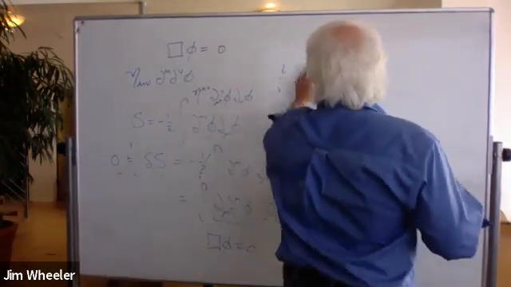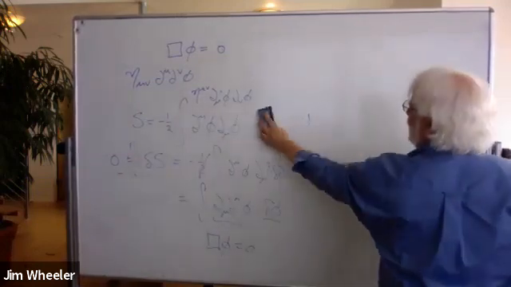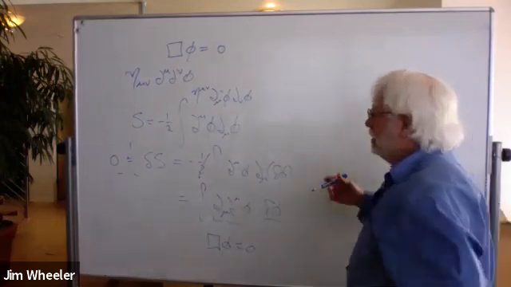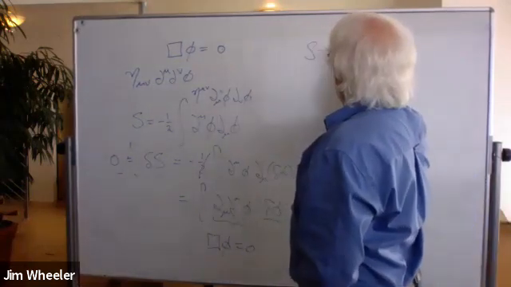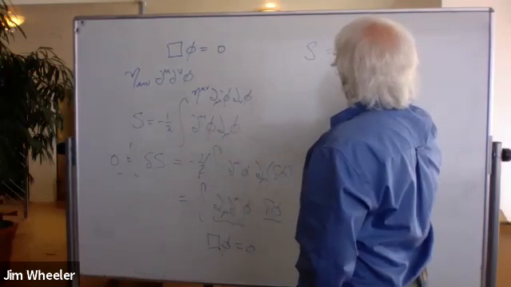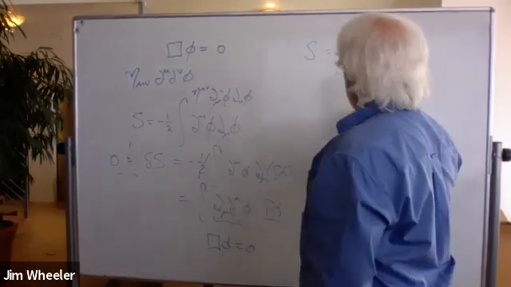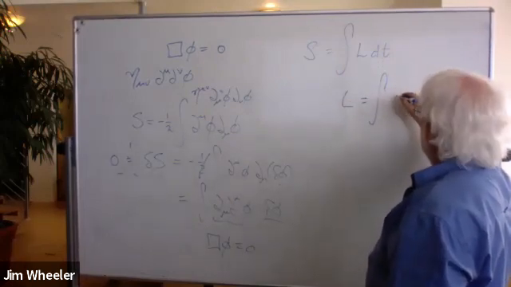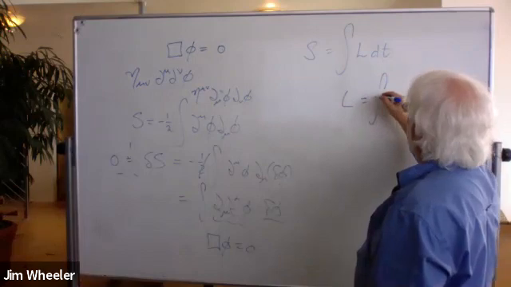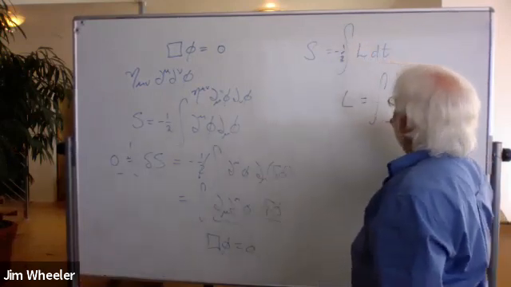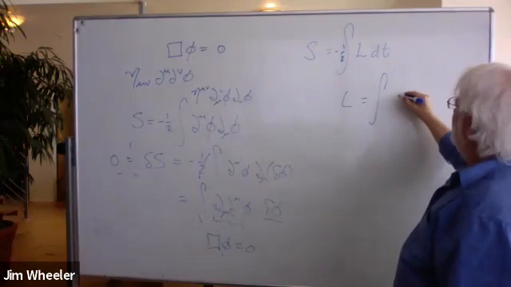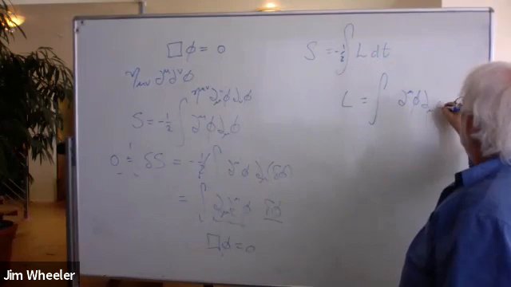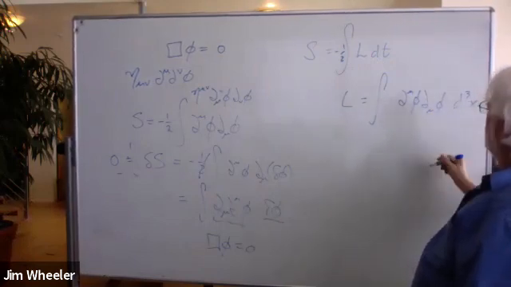Now, I've written that as an action. It can be viewed as the integral of a Lagrangian. So if I write L dt, then what is L? Well, the Lagrangian is the integral of, let's put the minus a half out front just so I don't have to keep writing it, d mu phi d mu phi d3x.